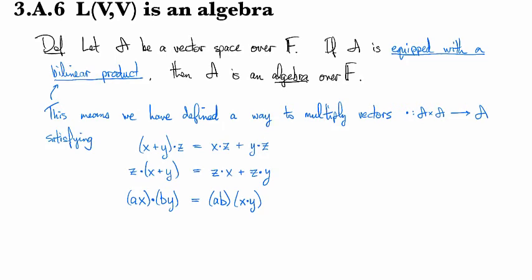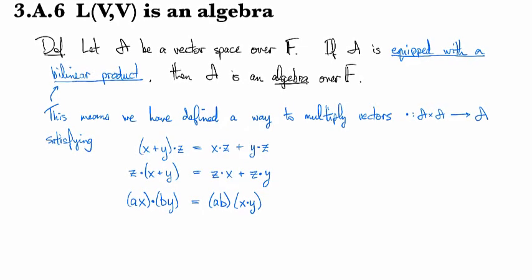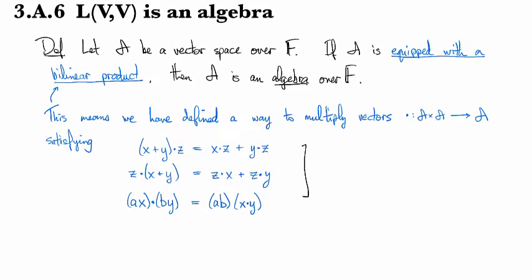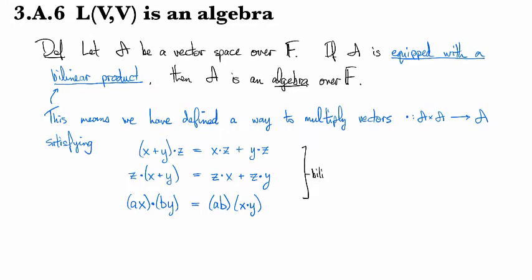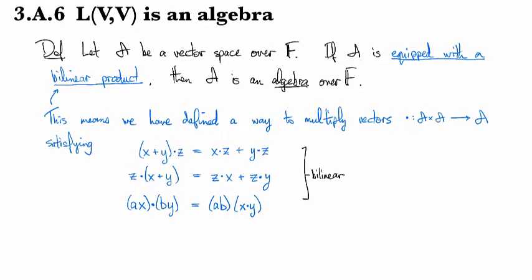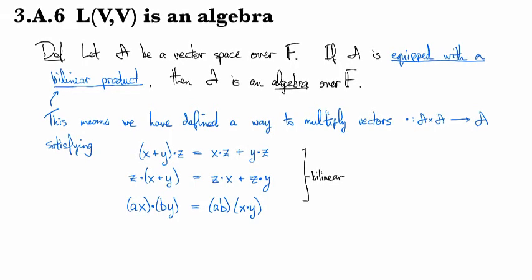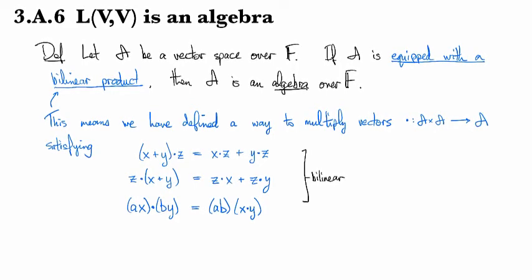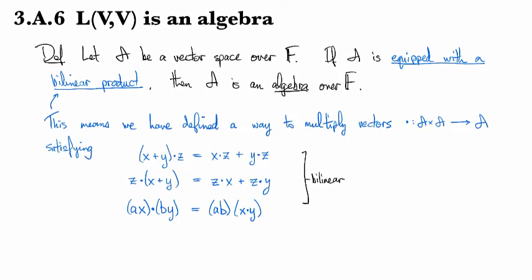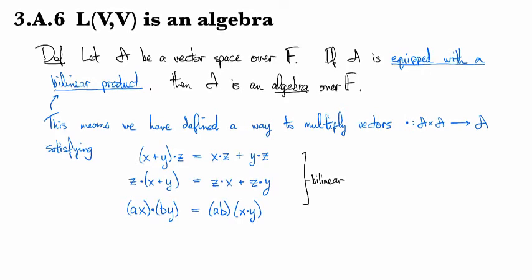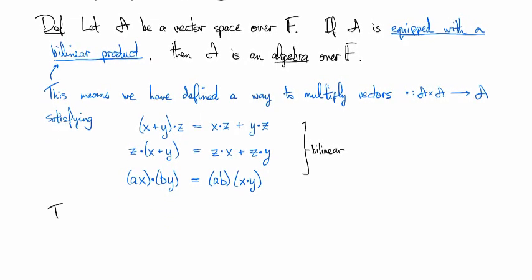Okay, and so that's what it means to be a bilinear product. This is the bilinear part. And if you check the multiplication that we defined in the last clip by composition, it satisfies all of these. And this is basically the justification for why we call composition a multiplication, because it distributes over addition and it treats scalars properly.